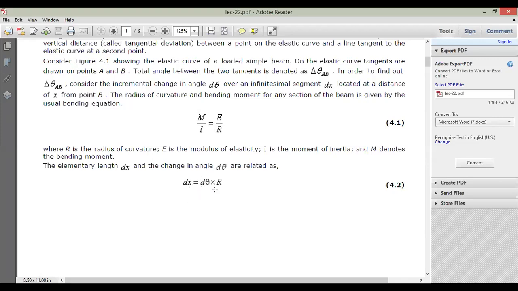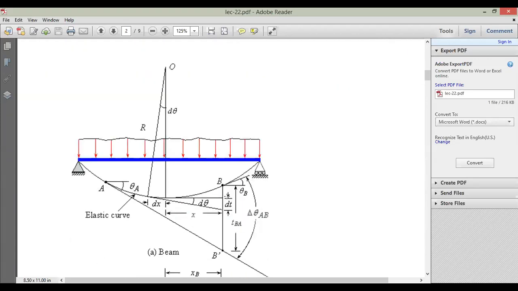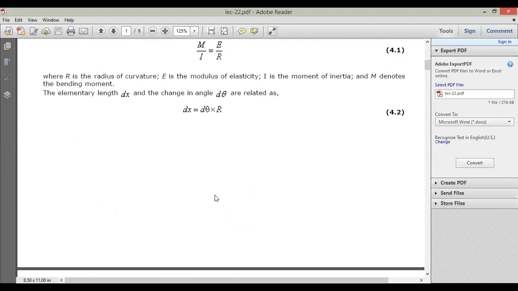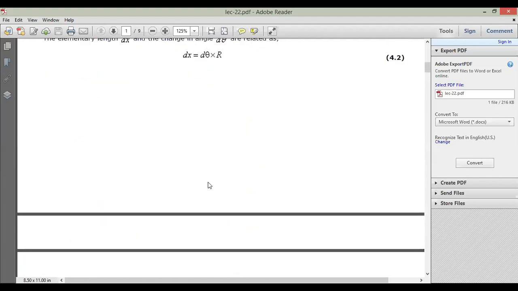So dx is equal to d theta into R. We have found the value of 1 by R, and substituting this value, d theta is equal to dx by R.